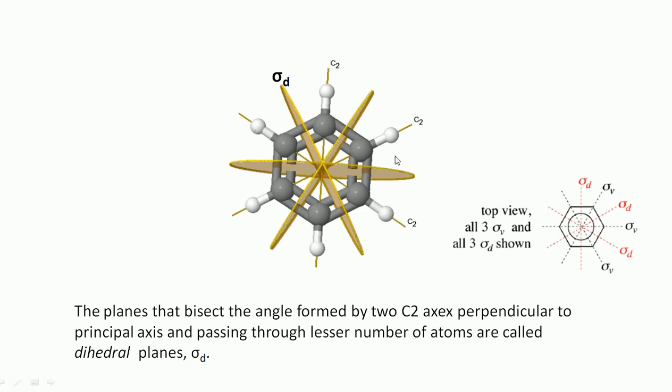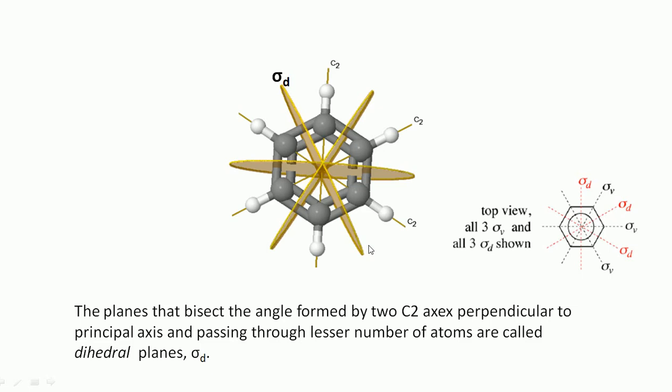Here is one C2, here is the second C2. These two C2 axes are perpendicular to the principal axis. So this plane actually bisects the angle formed by two C2 axes which are perpendicular to the principal axis, and passing through the lesser number of atoms is called the dihedral plane of symmetry, represented by the letter sigma d.